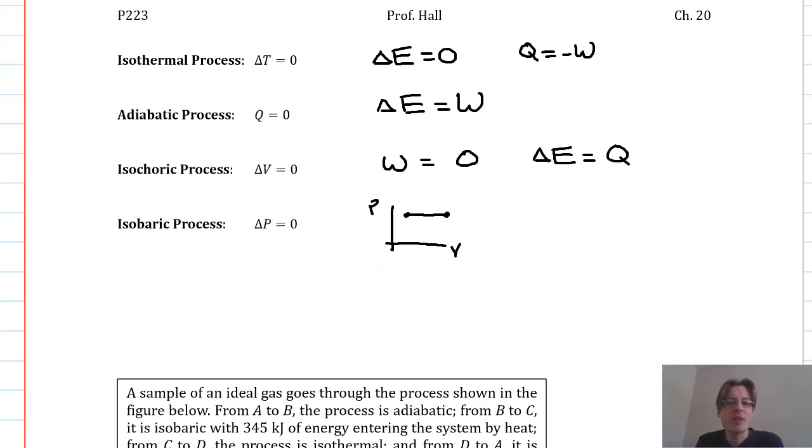That means the work is very simple to calculate. It's just a rectangle. And I can, in this case, easily say that the work is the integral of minus PdV, which means it's minus that constant pressure multiplied by the change in volume.